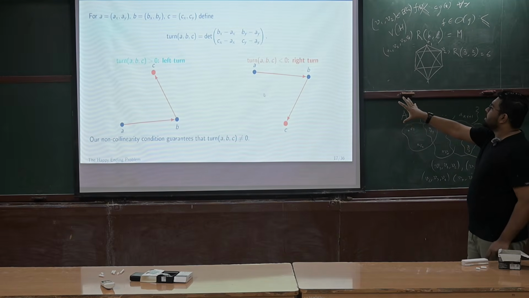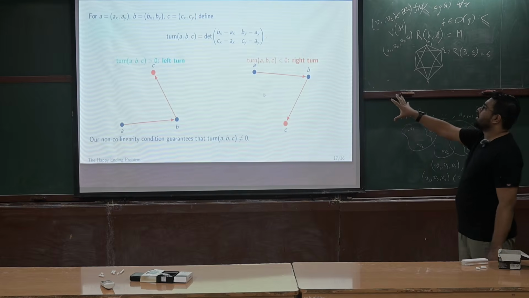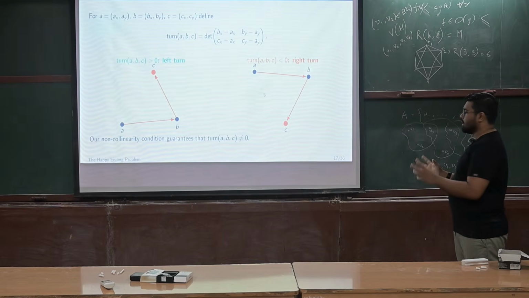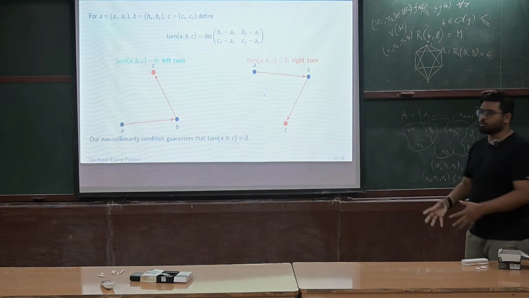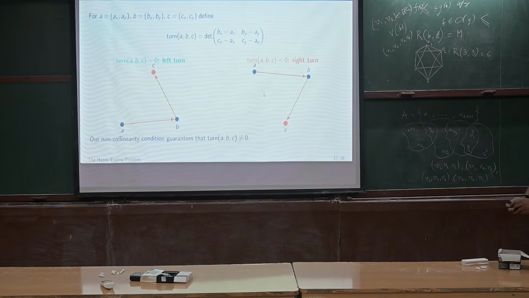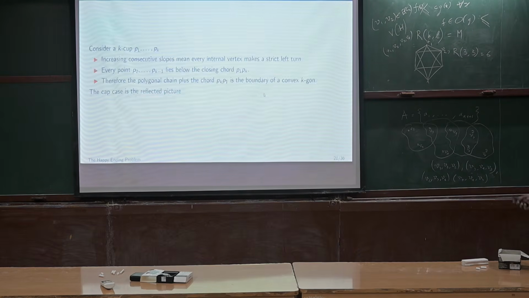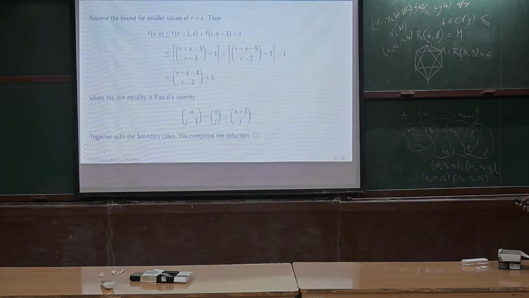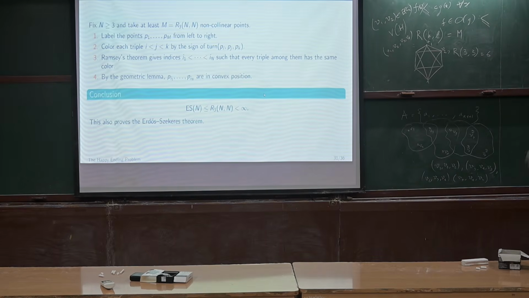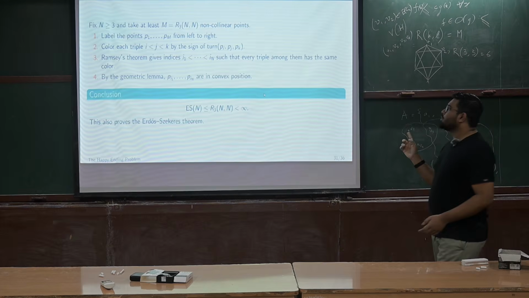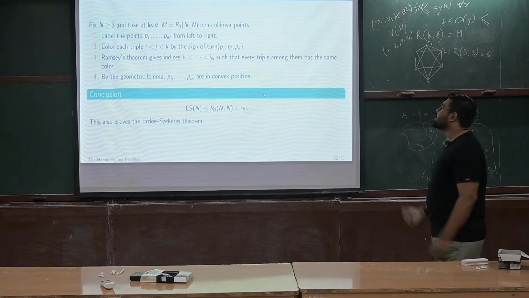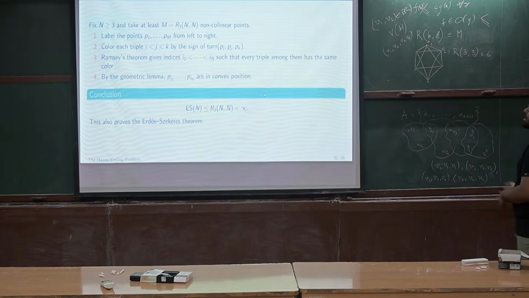If we have a turn less than 0, then we color the hyperedge containing these vertices blue. And you continue doing this coloring based on the sign of the turn of p_i, p_j, p_k.